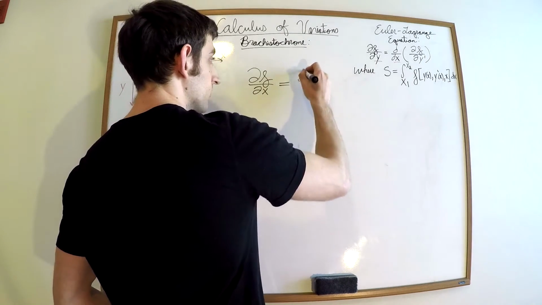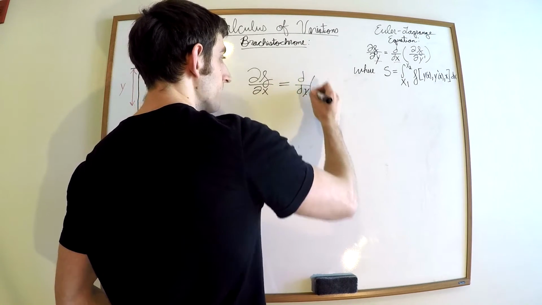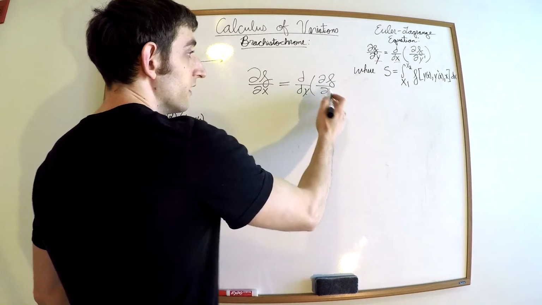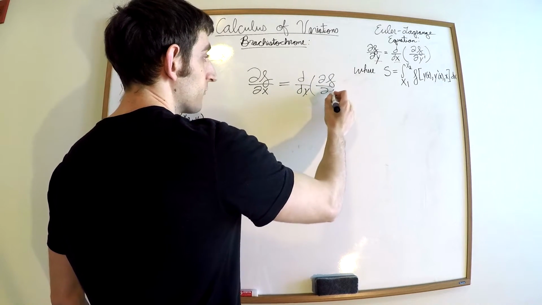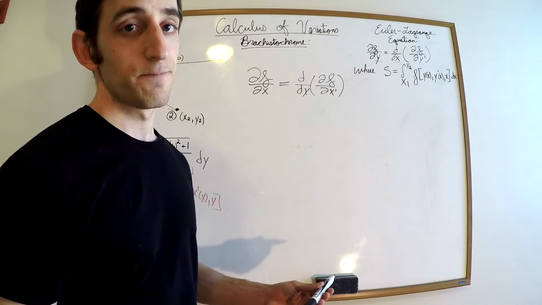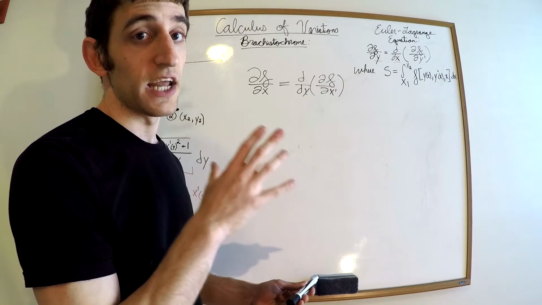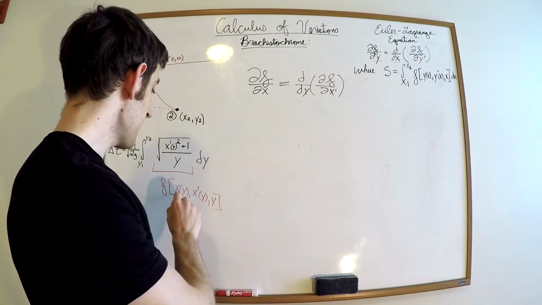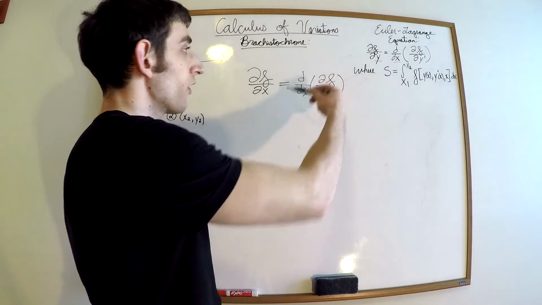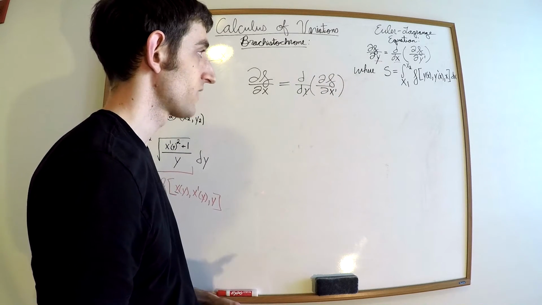So this becomes d/dy of df/dx prime. Because again, we want to use the derivative of the variable that's defining the path. Here, that's x, because it's x sub y. Okay? So this is the Euler-Lagrange equation we're going to use.